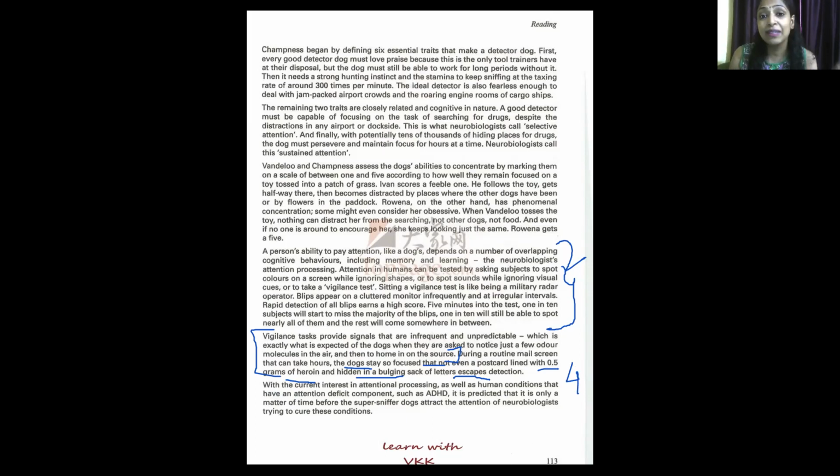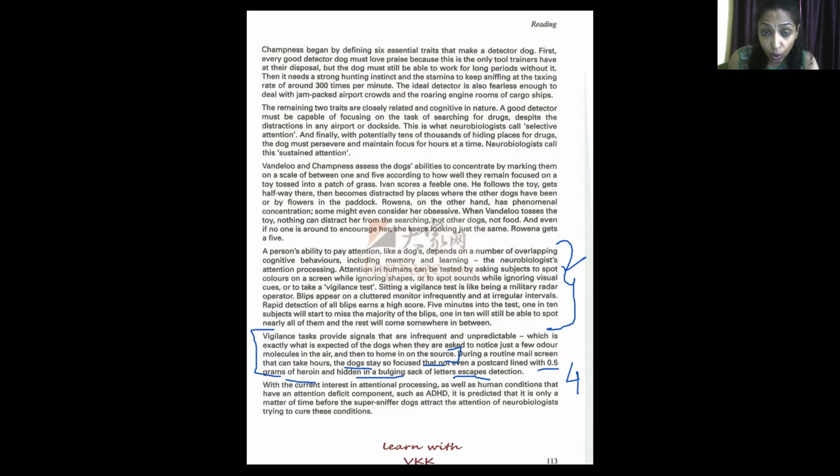Now, some of you might be thinking that it is a vigilance test. Why doesn't it improve concentration? Because the writer does not mention that. As simple as that. You're not going to allow your knowledge and experience to get mixed up when trying to answer the question. If you look at the instructions carefully, it says that you have to match it with the information given in the passage.